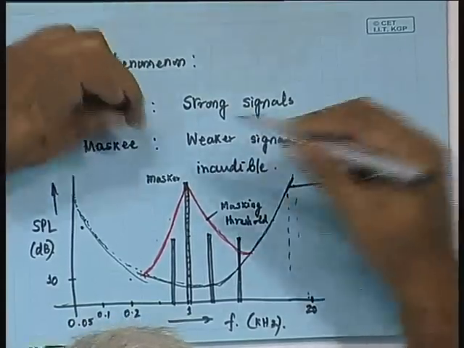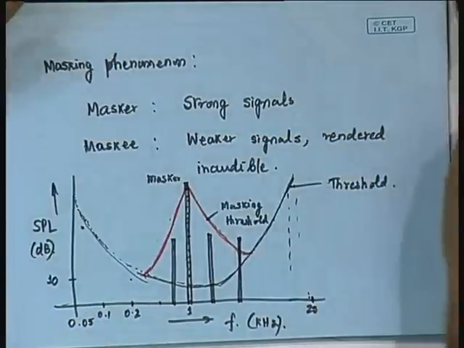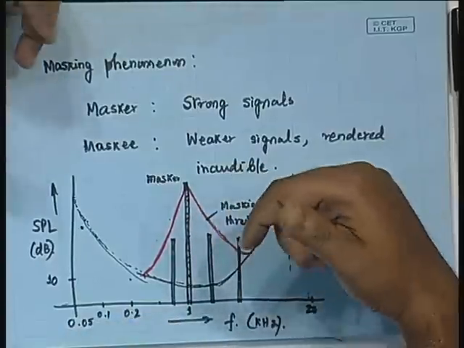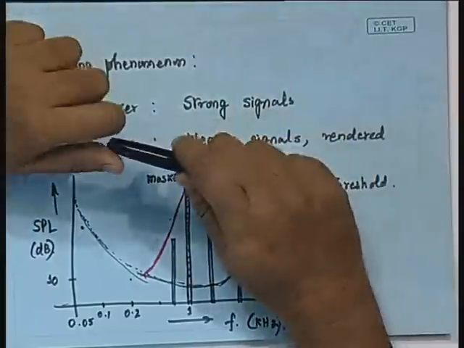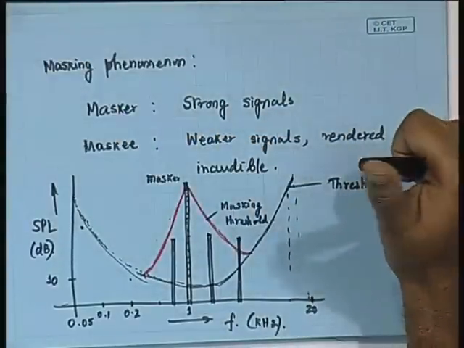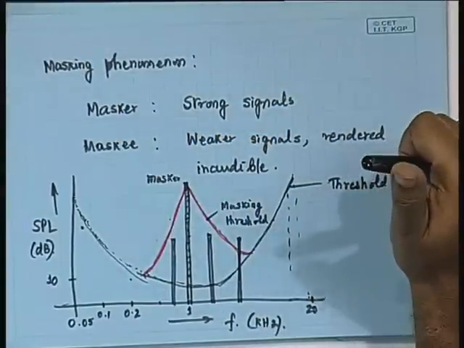Now, why this is important is that if this is the masking threshold, then any noise, the noise that is inherently present in the digital audio, is the quantization noise. Any quantization noise should be below the masking threshold if you want it to be inaudible.